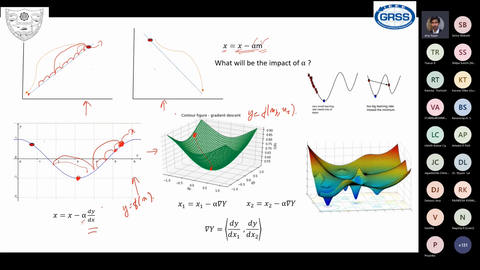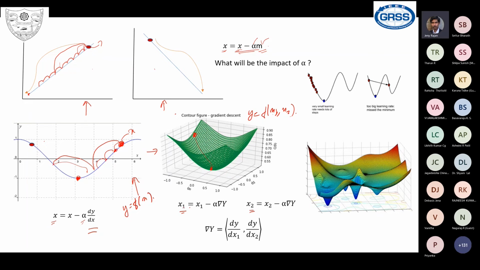So we have to find the values of x1 and x2 that minimize y, because y is a function of x1 and x2. Earlier I needed to update only x, but here I have to update both x1 and x2 to reach this point.